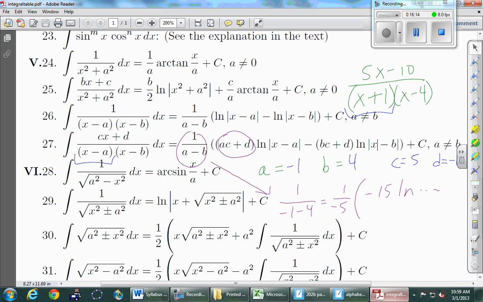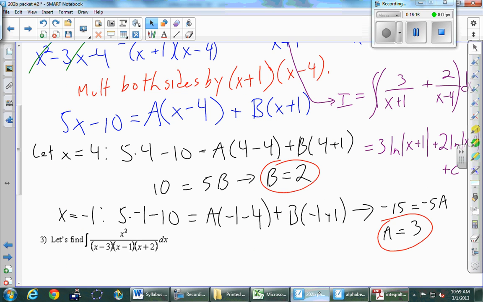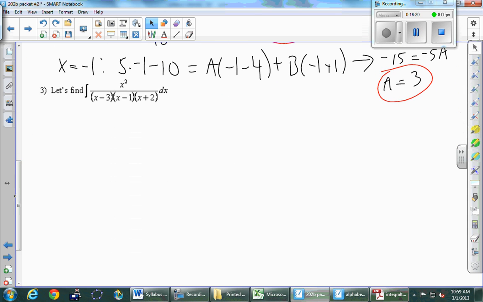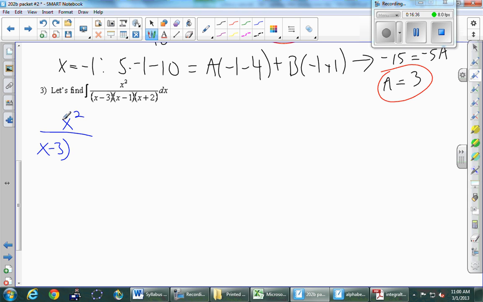All right, let's come back here and take a look at this next one. X squared over x minus 3, x minus 1, x plus 2. This is not in the table. The ones in the table only had 2 terms. So let's see if we can figure out how to set this up. X squared over x minus 3, x minus 1, x plus 2 equals.